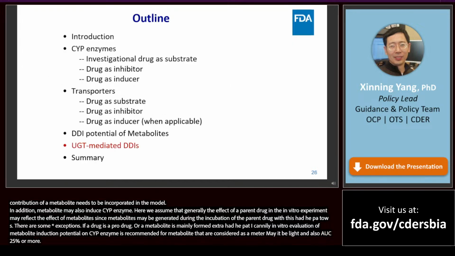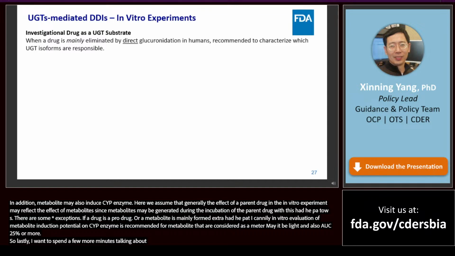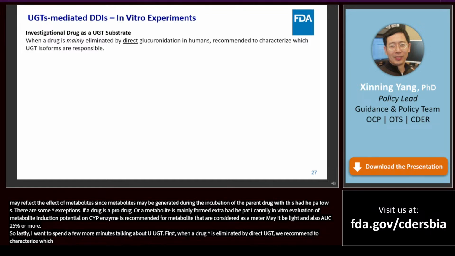So lastly, I want to spend a few more minutes talking about UGT-mediated interactions. So first, when a drug is mainly eliminated by direct glucuronidation in humans, we recommend an in vitro experiment to characterize which UGT isoform is responsible for the glucuronidation of the drug.